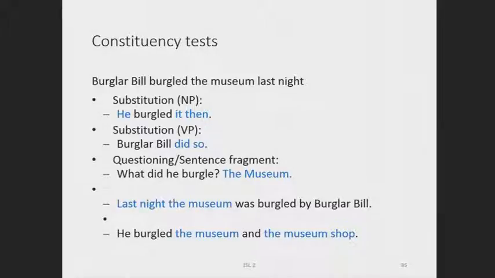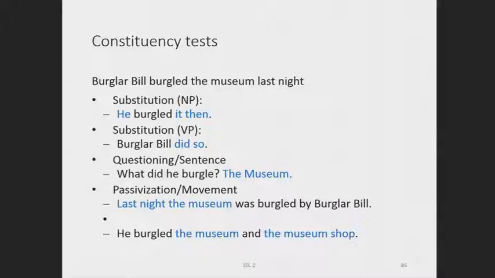Then we have last night the museum was burgled by burglar Bill. What am I doing here? Changing word order, yes. So I move things around, and in this case I do it in the form of passivization. So the things that move together, for example, when I make it the subject of a passive sentence, that is a constituent then definitely.